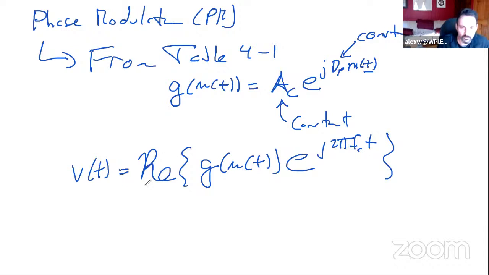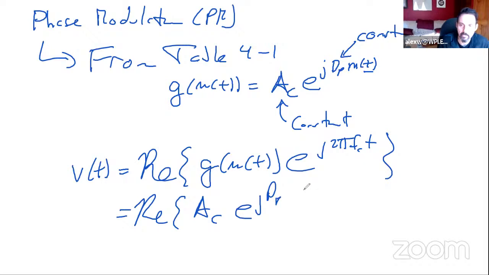So we have this thing: A_C e to the j d_p m of t, e to the j 2 pi f_c t.